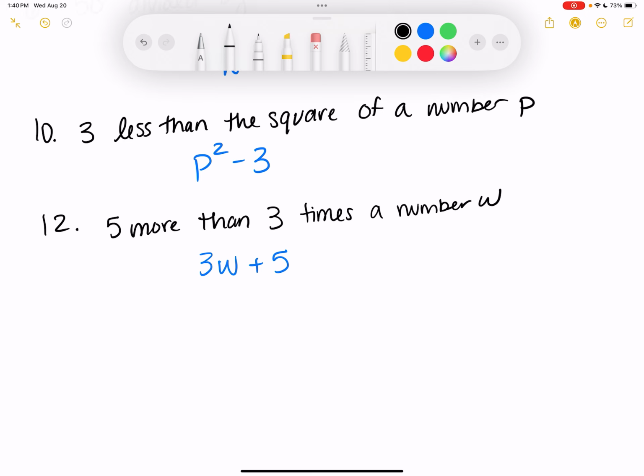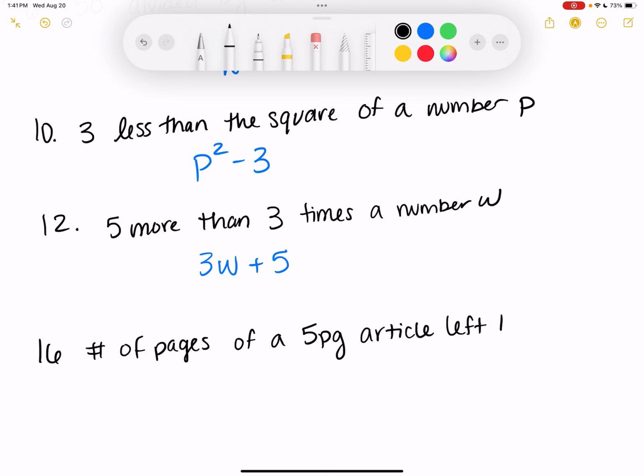So 16, the number of pages of a 5-page article left to read if you have read p pages.